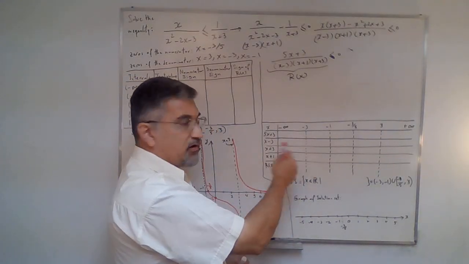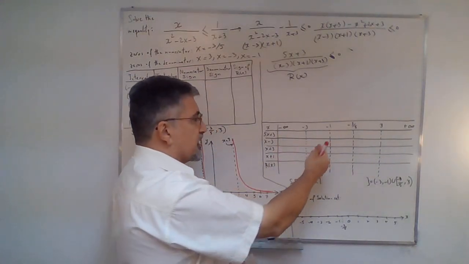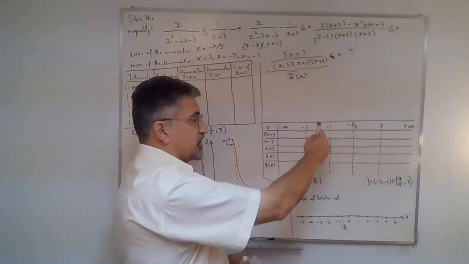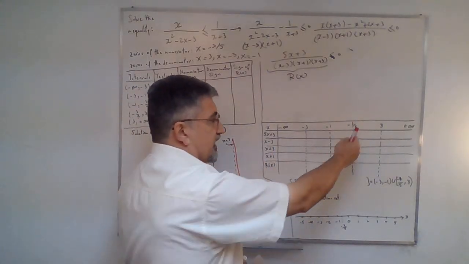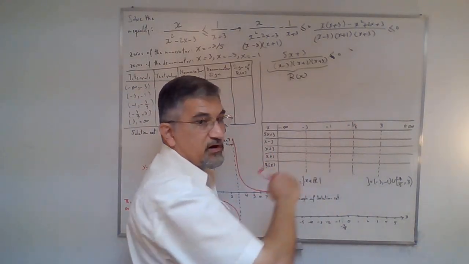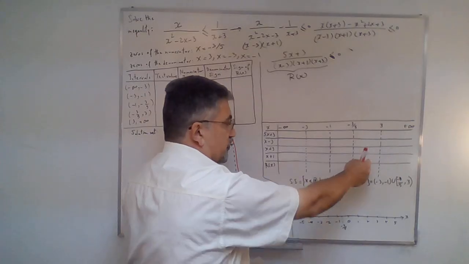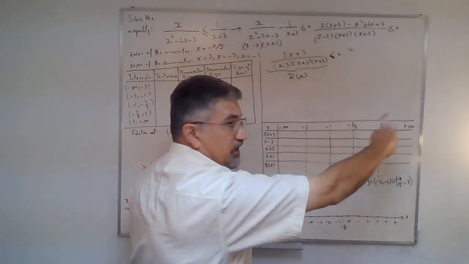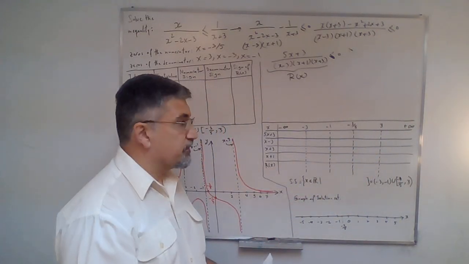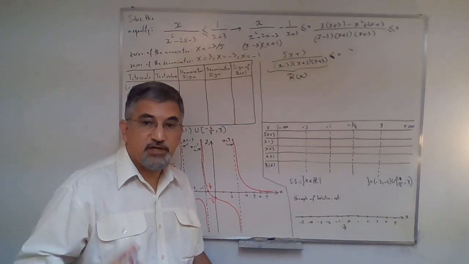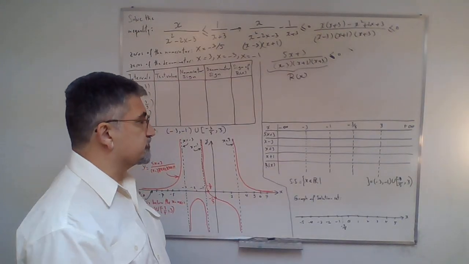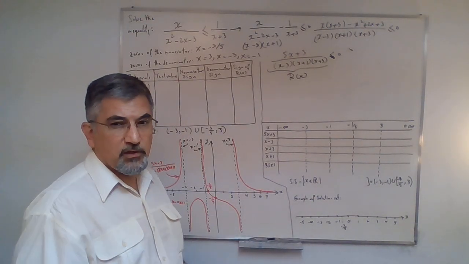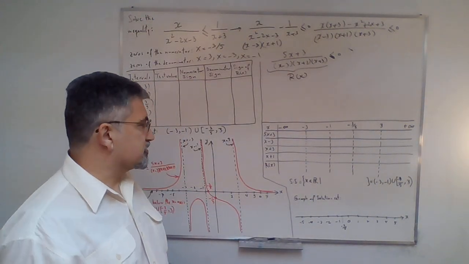This is the second interval, values of x between negative 3 and negative 1. This is the third interval, negative 1 up to negative 3 over 5. And this is the next one from negative 3 over 5 up to 3. So that's the fourth one, 1, 2, 3, 4. And x value is more than 3, well, that would be the fifth interval that is generated by these 4 zeros of the numerator and the denominator.